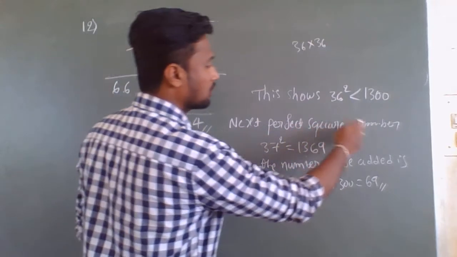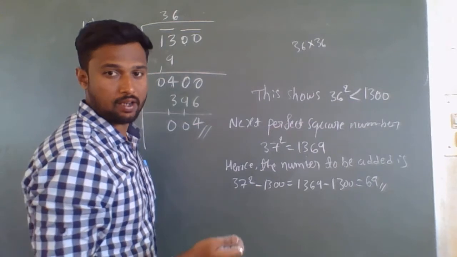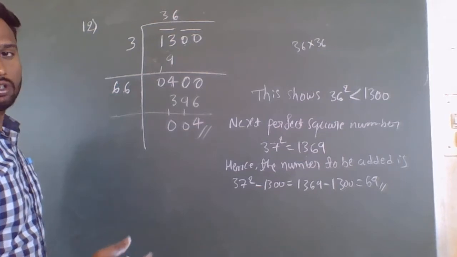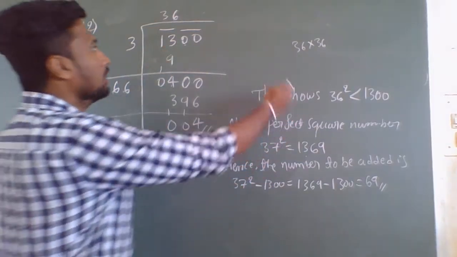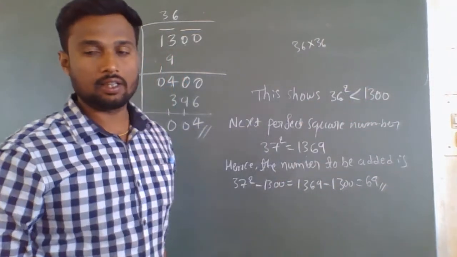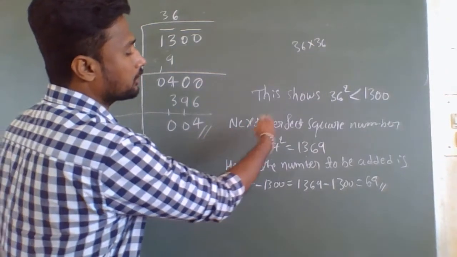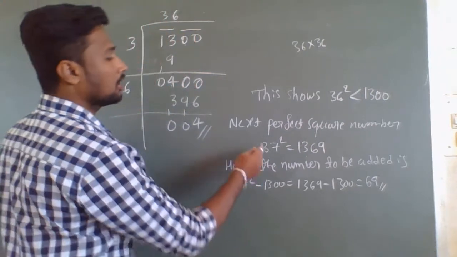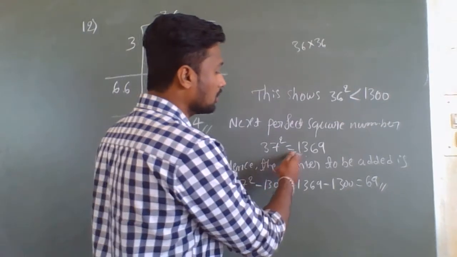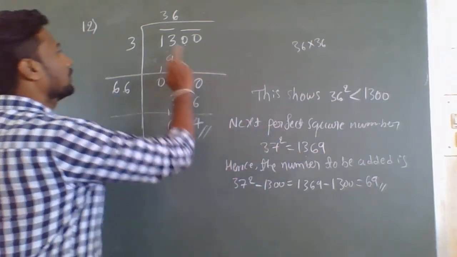So the next perfect square should be greater than 1300, because we have to add a number to 1300 to get a perfect square number. Since 36 squared is less than 1300, we cannot add there. So we consider the next perfect square number, 37. 37 squared is 1369, which is greater than 1300.